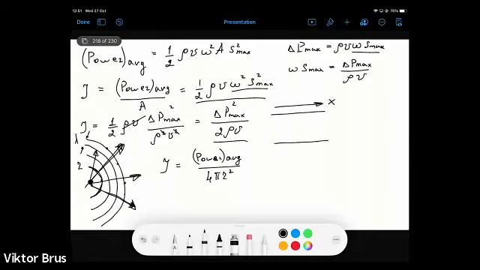And since we have a sphere, we use the area of the sphere in the denominator. And that's why we distribute all power produced by this sound source over all the area of the sphere at given distance r. So it depends on which distance we want to measure intensity. Obviously, it will significantly reduce, proportionally to 1 over r squared, as we go further from this point source.